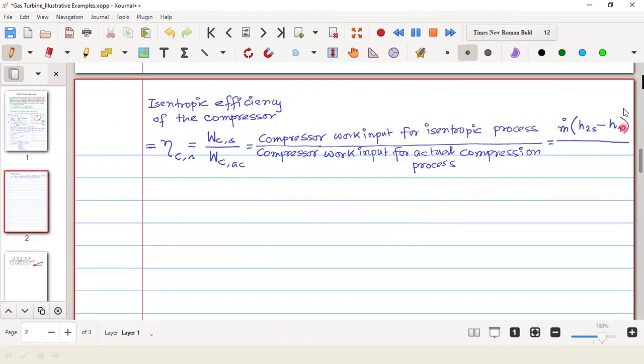So it is mass flow rate times H2A minus H1.